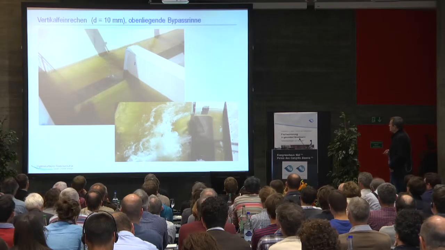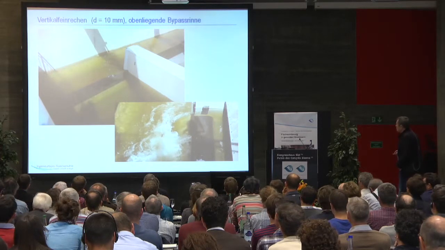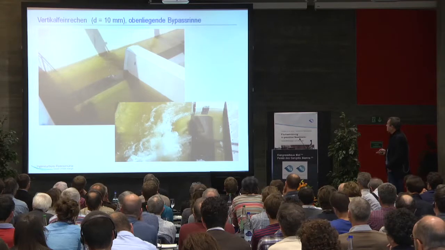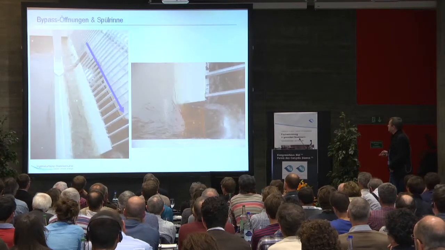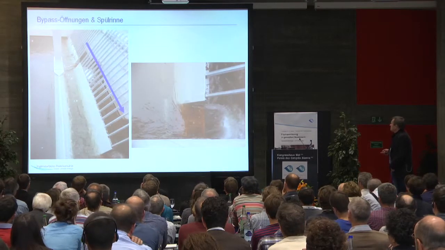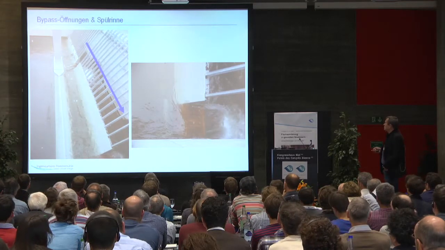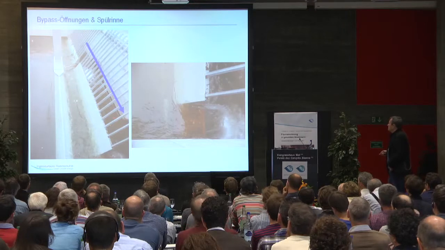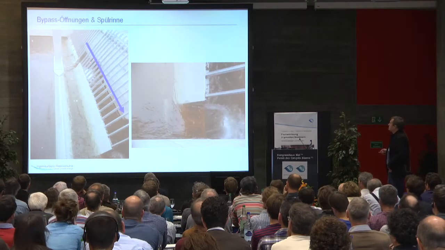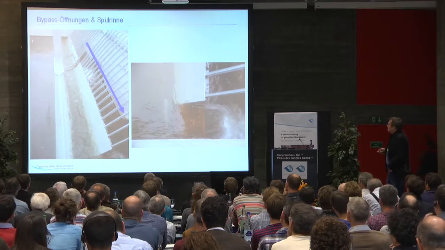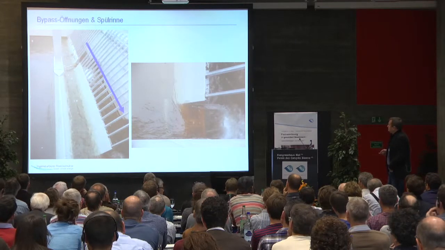This is now a picture from when it is in operation, and you can see the bypass here with the screen and with the bypass channel lying behind it. Then there is one other variant of this design where only details differ from the previous versions.